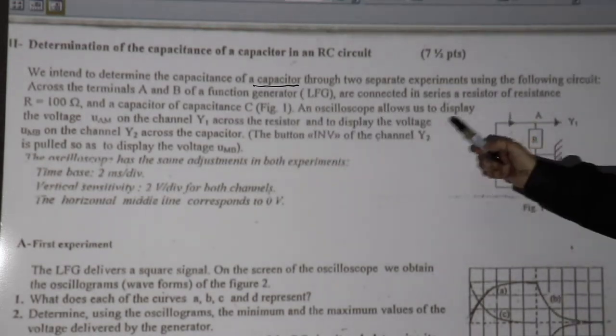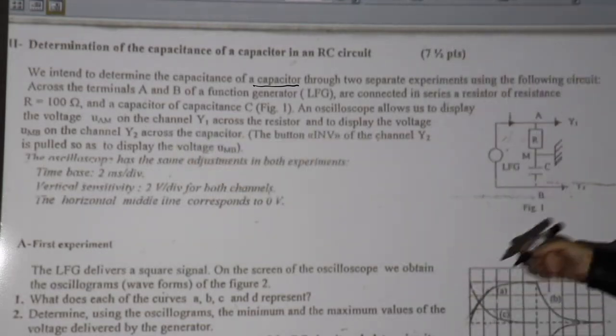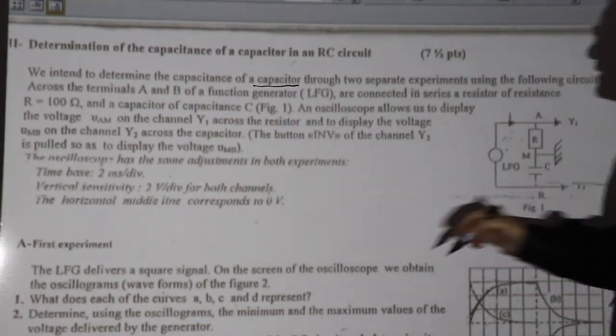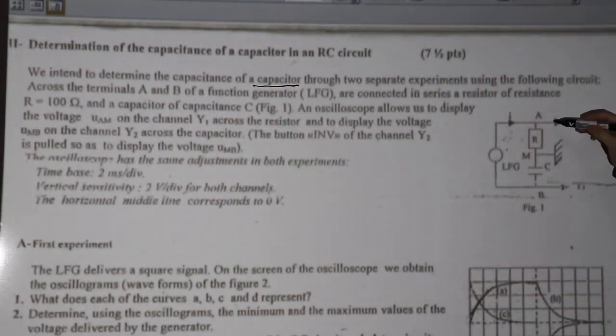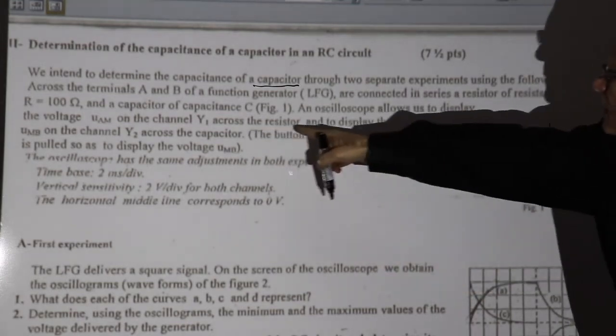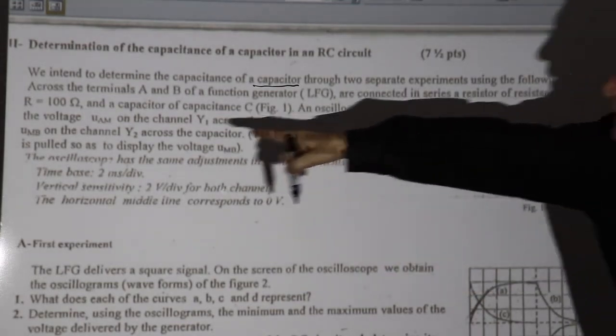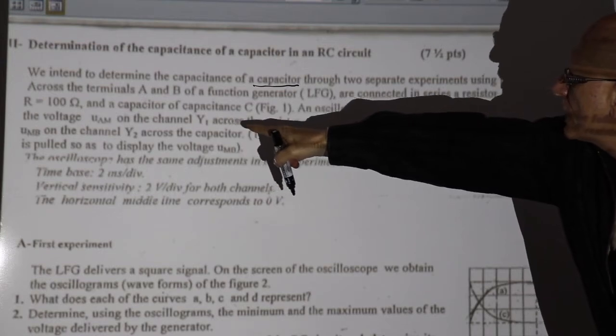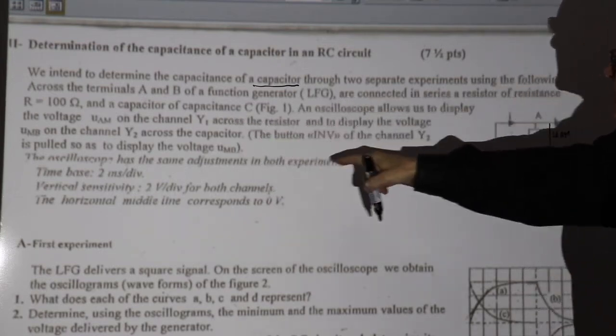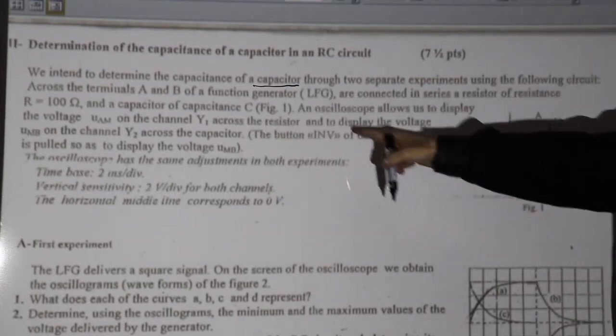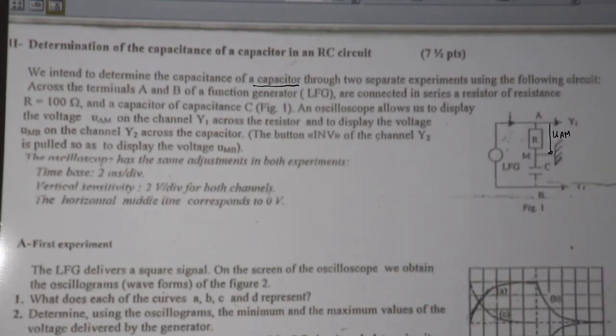An oscilloscope allows us to display voltage UAM on channel Y1, across the resistor, and to display voltage UMB on channel Y2, across the capacitor.